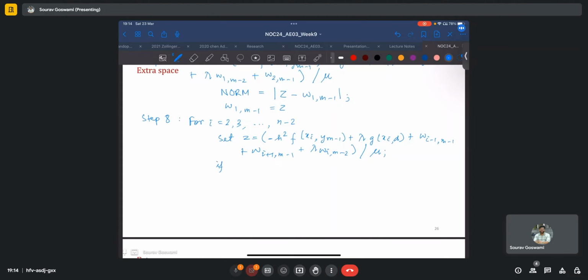We have a conditional check: if the absolute value of wi m minus 1 minus z is greater than the norm that we previously calculated, then set norm equal to this, so wi m minus 1 minus z. Then set wi m minus 1 equal to z.